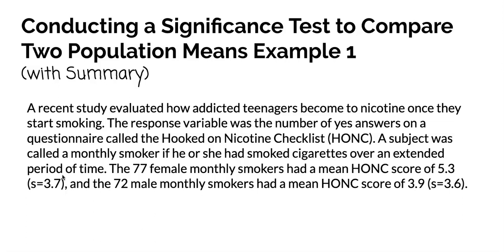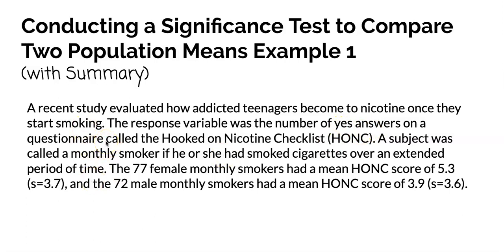All right, a recent study evaluated how addictive teenagers become to nicotine once they start smoking. The response variable was the number of yes answers on a questionnaire called a Hooked on Nicotine Checklist, H-O-N-C. I almost thought this would be a good proportion problem, but this is the number of yes answers on a questionnaire, right?